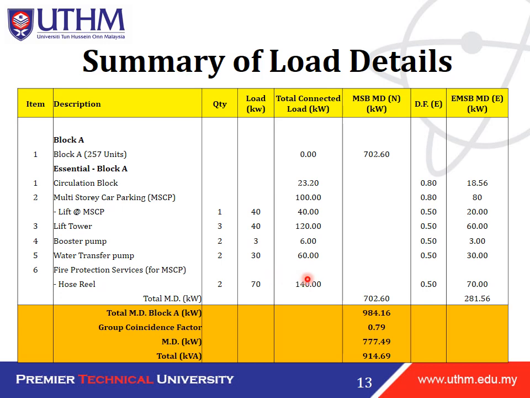And from there we can calculate the total connected load, demand factor and the maximum demand. So this is what you have learned in the previous chapter. You can double check your understanding by calculating the total maximum demand, group coincident factor, maximum demand, and also total in kVA.